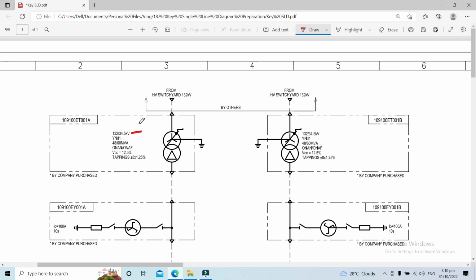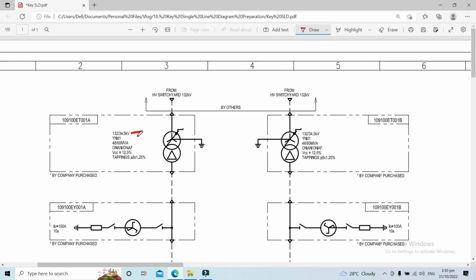Our transformer vector group: the primary side is connected in star, while the secondary side is connected in delta. It is YND1, meaning the LV lags the high voltage.